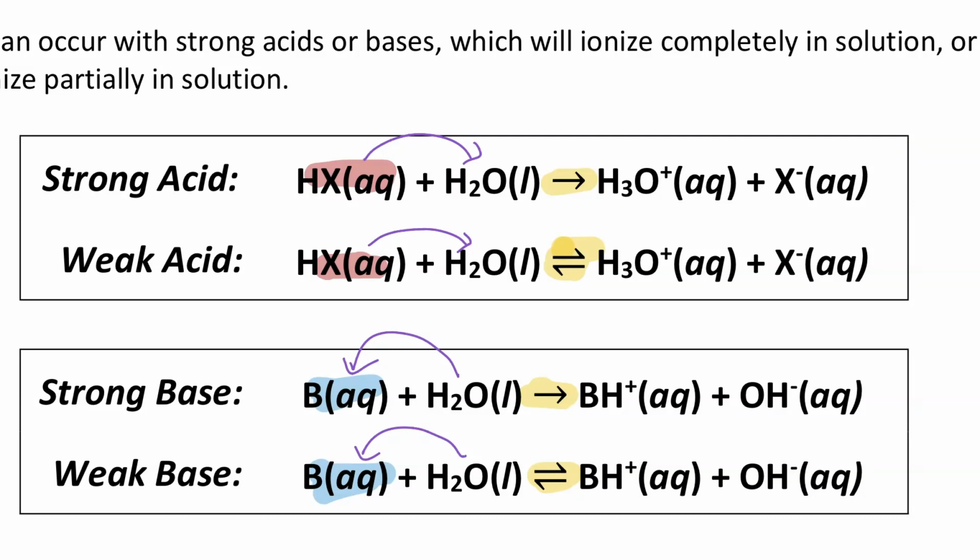So these are just general ionization reactions for strong and weak acids and bases. Okay, do we have questions about this so far? Okay, so we know our strong bases are going to be metal hydroxides. We're going to look at an example in a minute where we use ammonia, which is our most common weak base that we'll come in contact with.